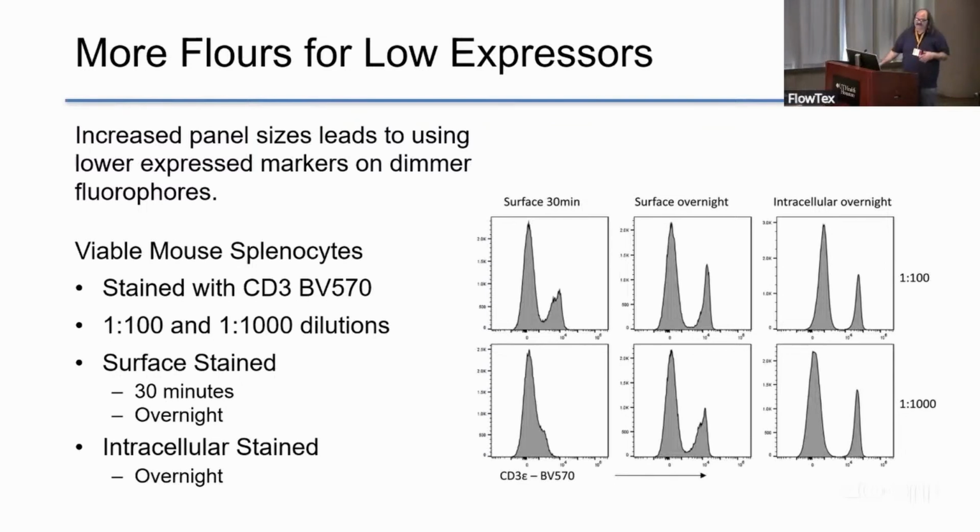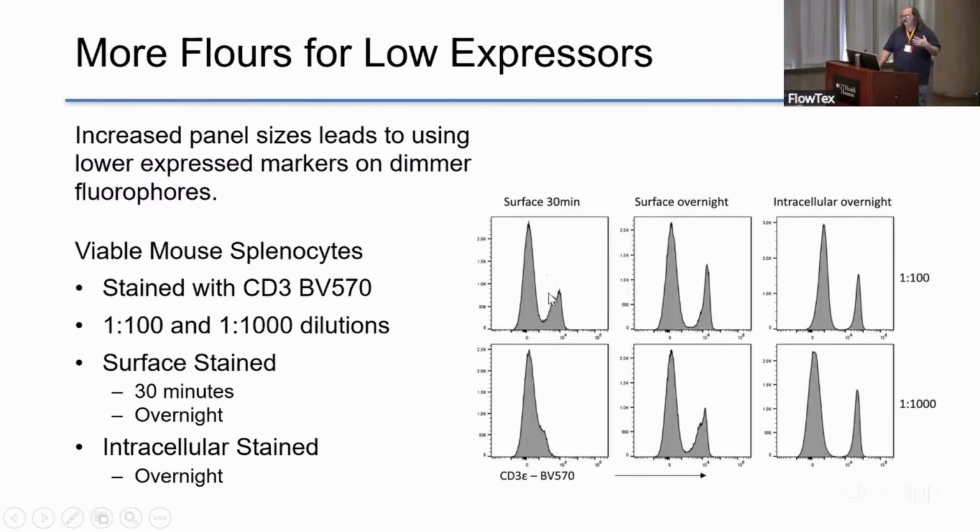And so what they've done here is they've taken CD3, which is a moderately expressed protein, and mixed it with a relatively poorly bright, or dim, fluorophore. And then they've done it at a dilution of 1 to 100 and 1 to 1,000. And then, of course, they did the surface staining at 30 minutes to overnight.